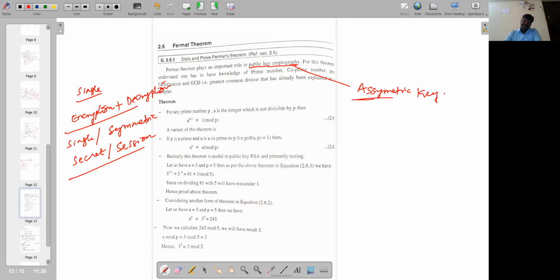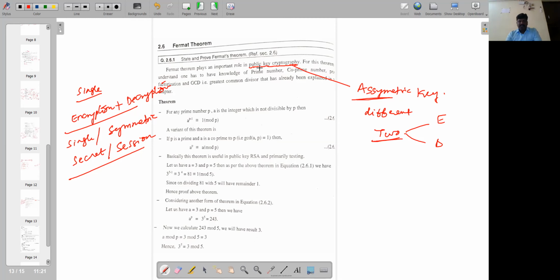Asymmetric means there should not be a similar key, right? So it's different. There will be two different keys. Out of that, one will be used for encryption, and the other, alternate or related key will be used for the decryption process. If you are using more than one key, that is called a multi key encryption technique.